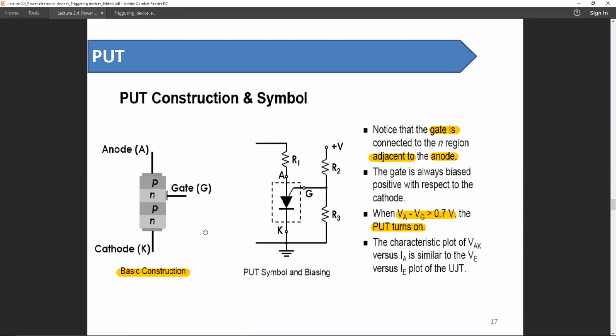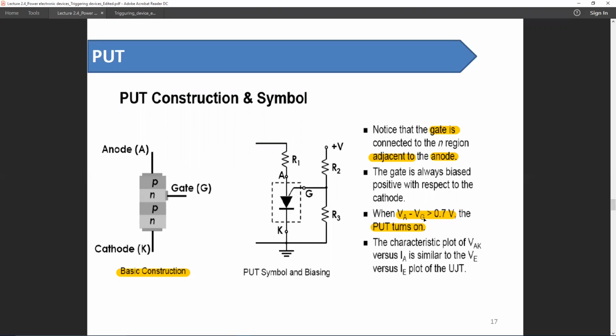Here is the basic construction of a PUT, and it is very obvious that in order to turn on the device, we need to forward bias this PN junction. So the anode voltage and gate voltage must be set apart by the voltage drop of a diode.